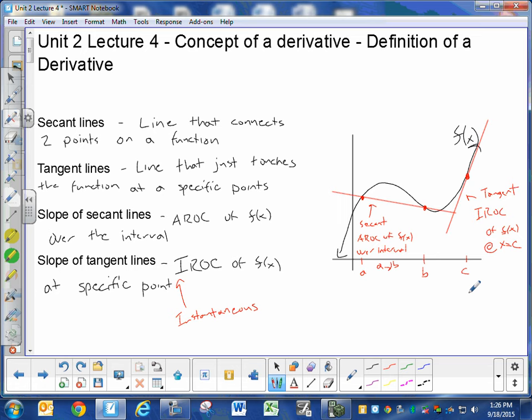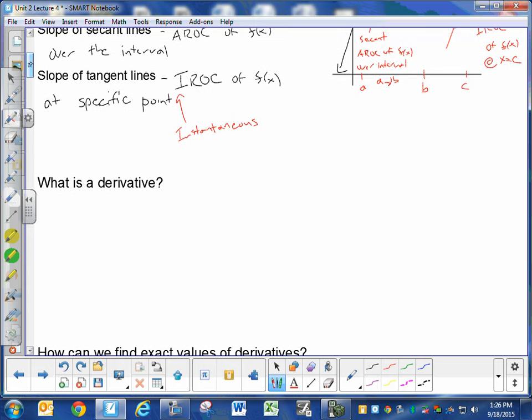Okay? And we kind of thought about if we had like a table, what we needed to do to create a tangent line. You know, what could help us figure out this slope. All right, so we already did that last class. And in this class, we defined what a derivative is.